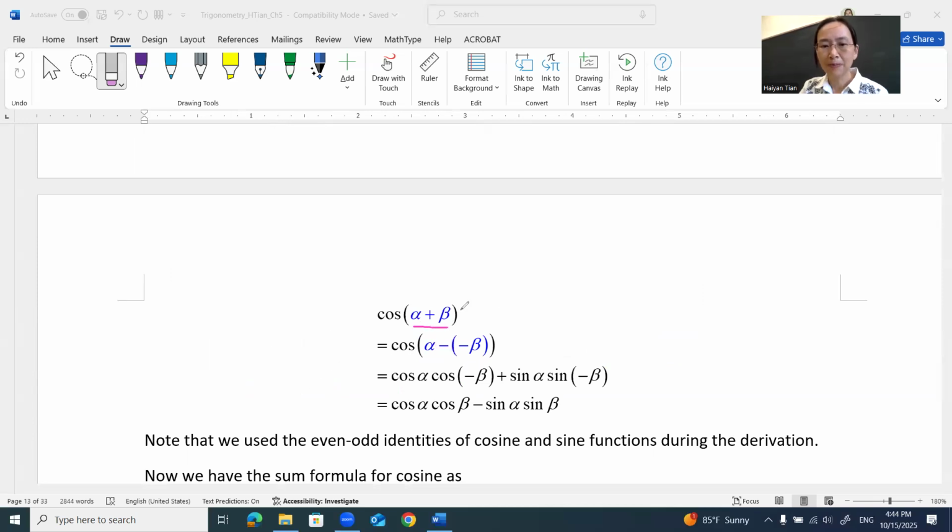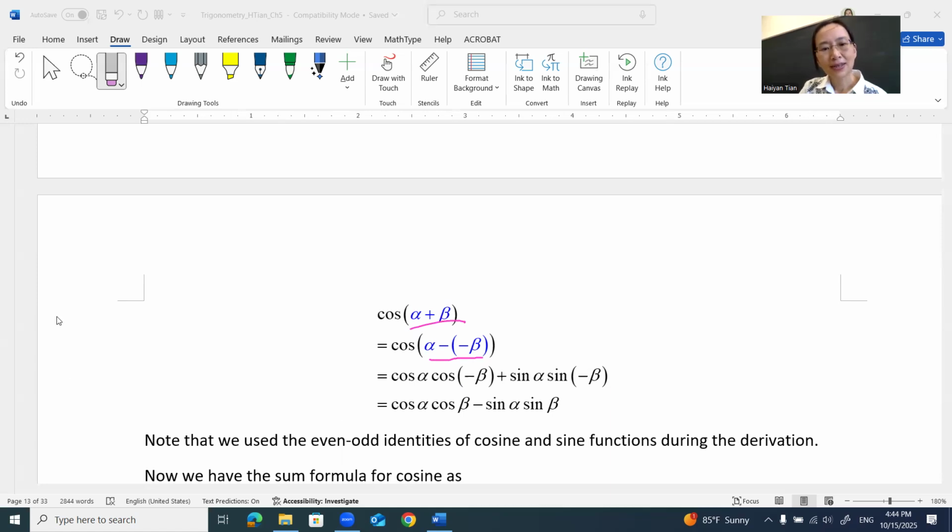The sum is simply the difference, alpha minus negative beta. So negative becomes plus. So we view the plus as a difference. Then we apply the difference formula for cosine.